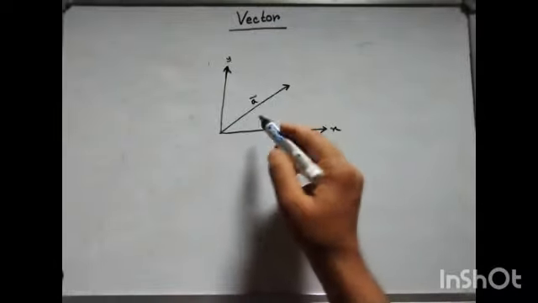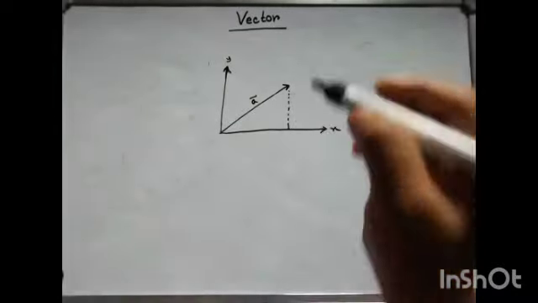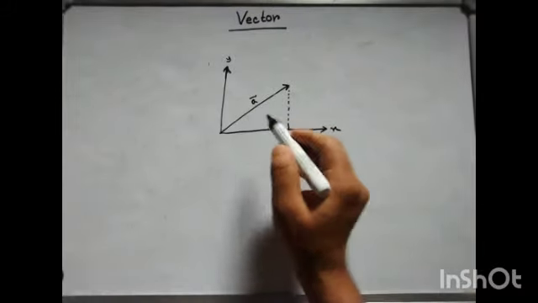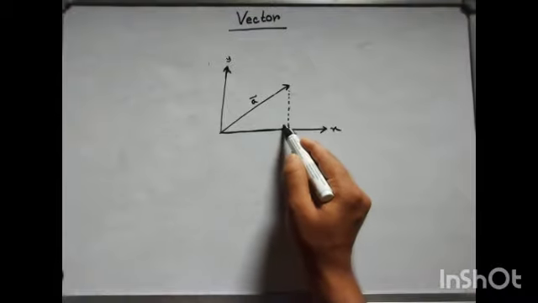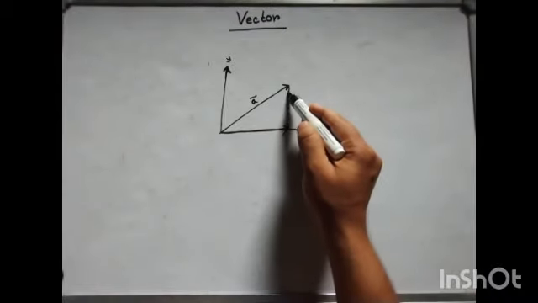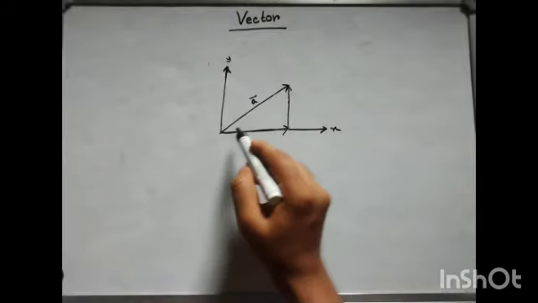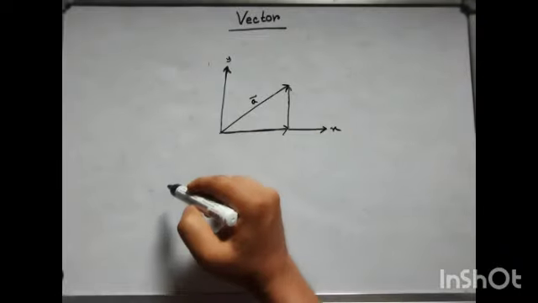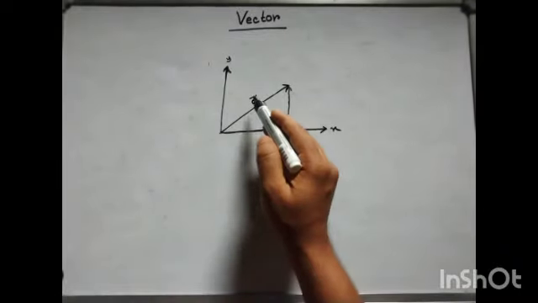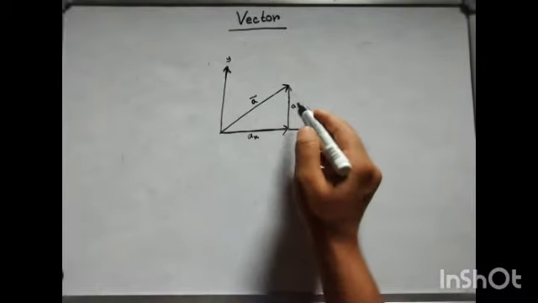So let's see. I can say that if I add these two vectors, we'll get a vector. Suppose we say this is ax and this is ay.